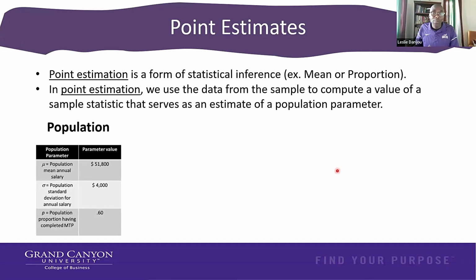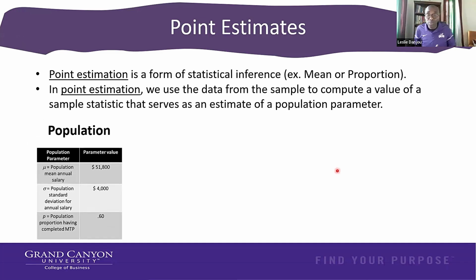Now, please understand that your samples must mirror your population parameters. So let's say, for example, your population's average is this, your population standard deviation is this, your population's proportion is this.